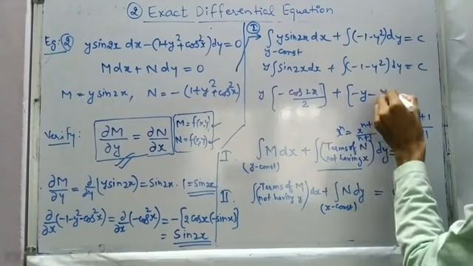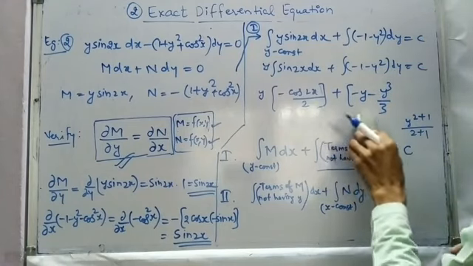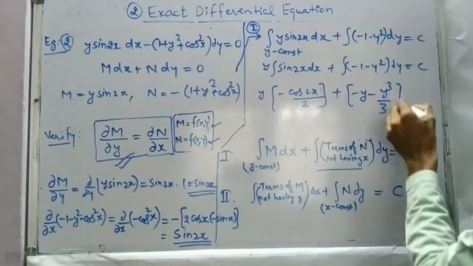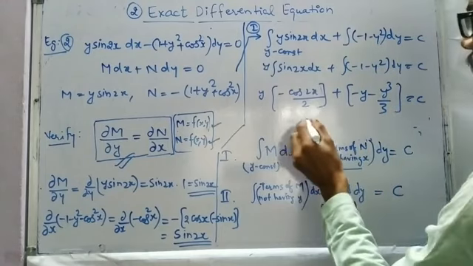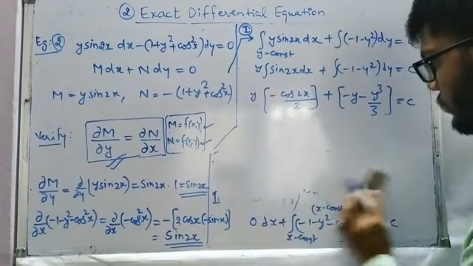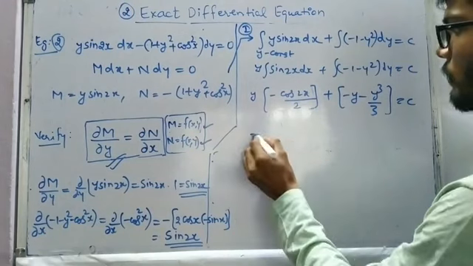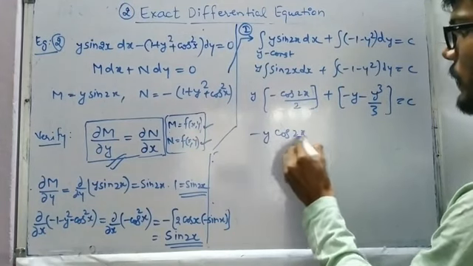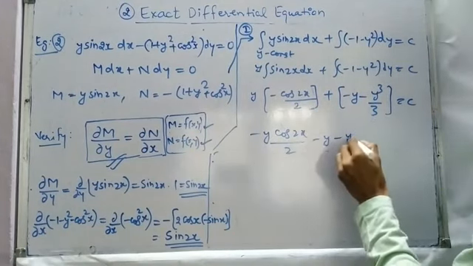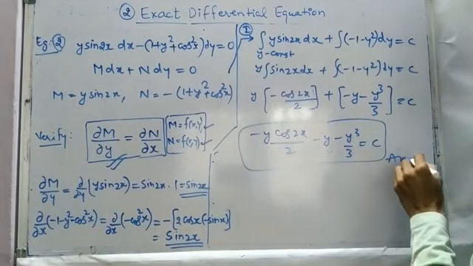So integration of y square is y cube by 3, and the minus is already present from before. So this is going to be our answer: minus y cos 2x by 2 minus y cube by 3 is equal to c. So this will be our answer.